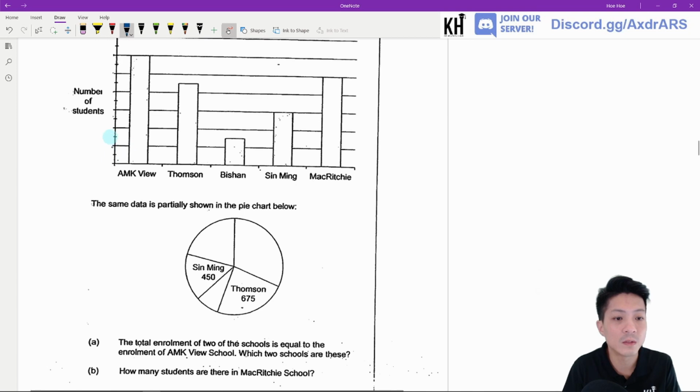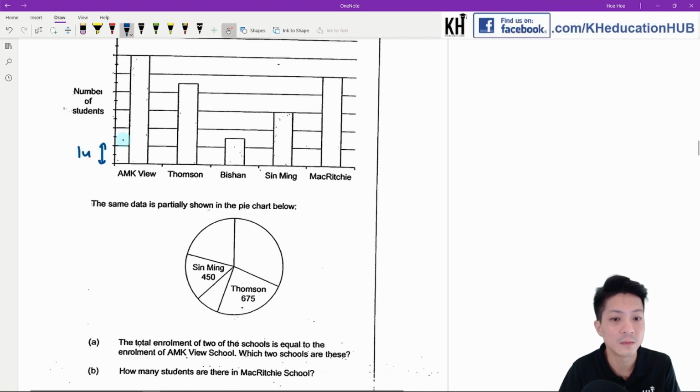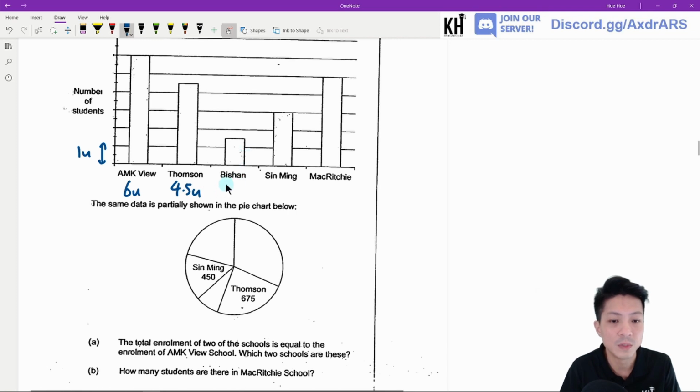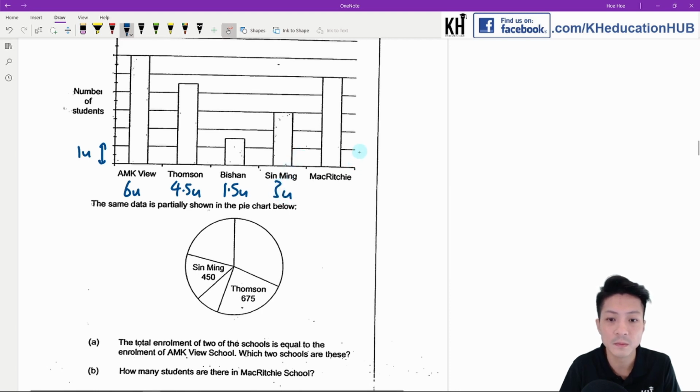I'm going to write down in terms of units, so I'm going to treat this as 1 unit. AMK View will be 1, 2, 3, 4, 5, 6 units. Thompson will be 4.5 units. Bishan will be 1.5. Siming will be 3 units.